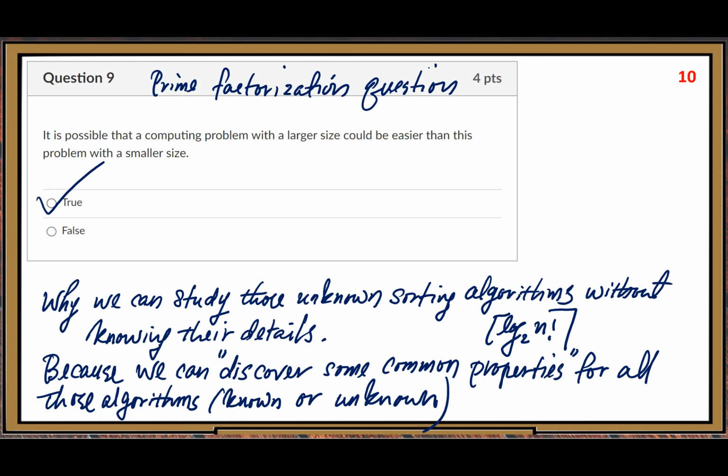Remember when we derived the formula for Horner's rule, we needed to do factorization. At that time, I gave you an example where n equals 1,000. It's very easy to factorize 1,000: 2 to the third times 5 to the third, 2 cube times 5 cube.